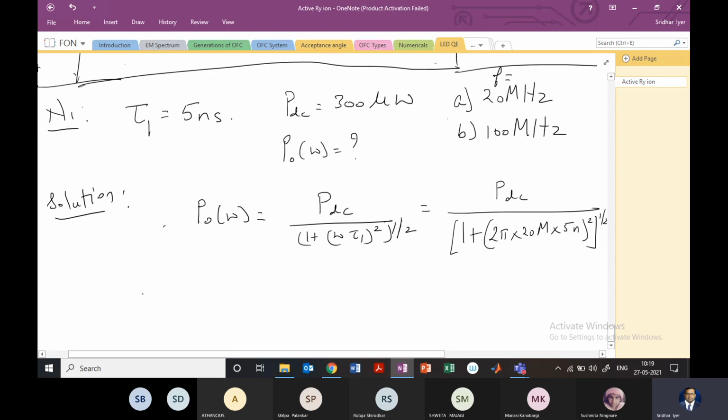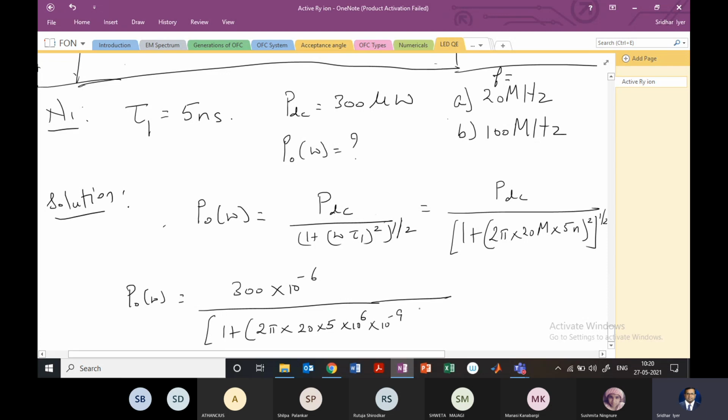Just check. So P naught of omega will be 300 microwatt, so 300 into 10 raised to negative 6 divided by 1 plus 2 pi into 20 into 5 into 10 raised to 6 for the megahertz into 10 raised to negative 9 for 5 nanoseconds. This will be the whole square and the entire thing will be raised to half.